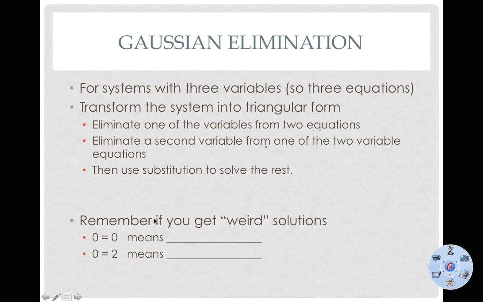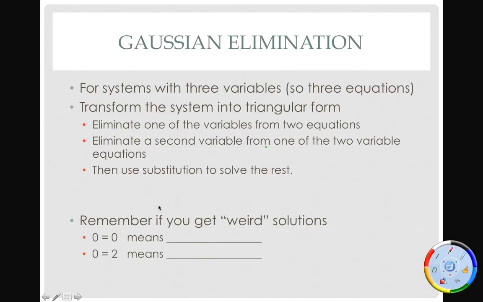If you get 0 equals 0 or 7 equals 7 or anything like that, that means infinitely many solutions. Or all solutions, really. And if you get things like 0 equals 2 or 6 equals 7, that means no solution.